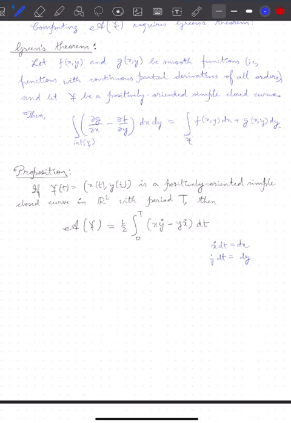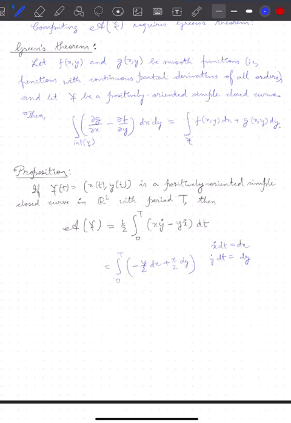So this can be written as the integral from 0 to T of minus y by 2 dx plus x by 2 dy, right?